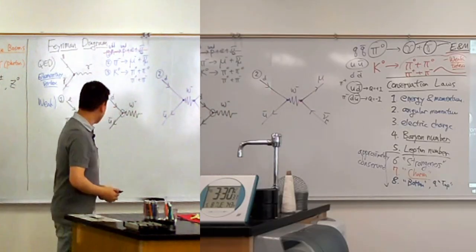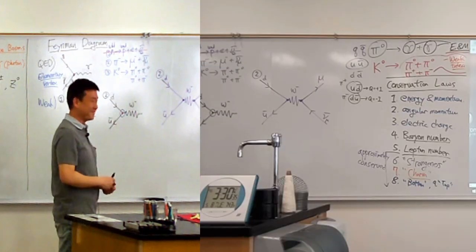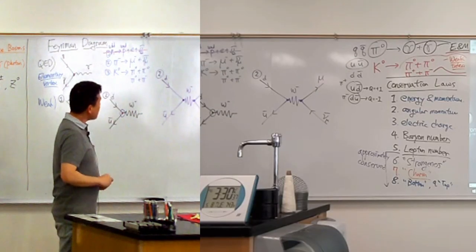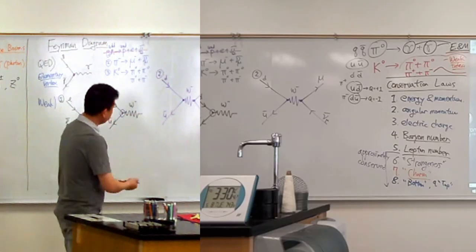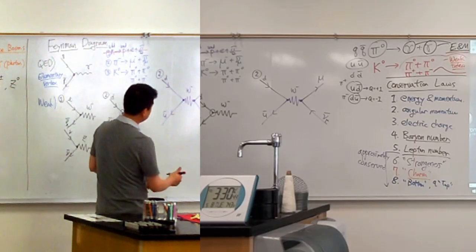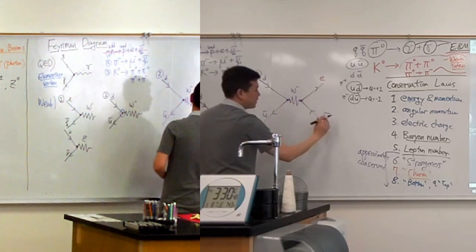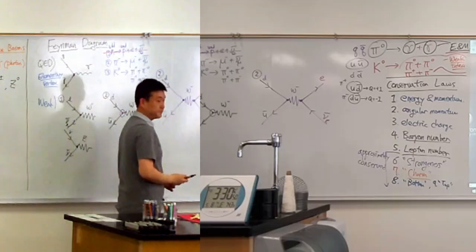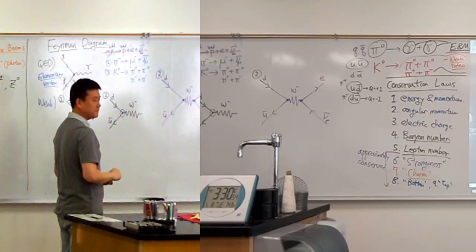Good? Oh, it's actually a really simple process. Good. All right, now as you look at this diagram, I want you to imagine it again. How would things change if this was an electron and electron neutrino? Should that process be allowed?